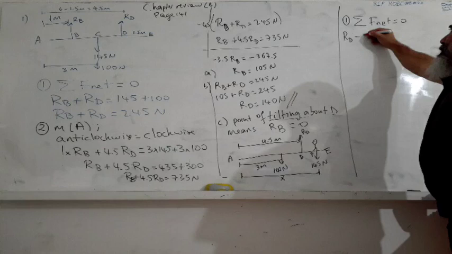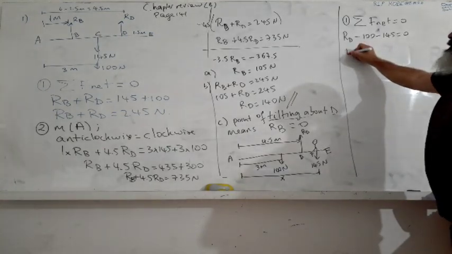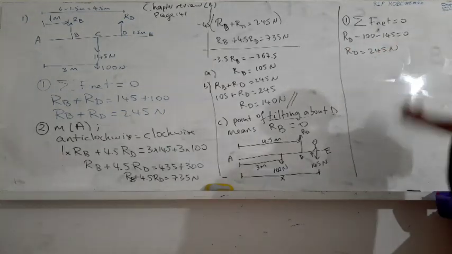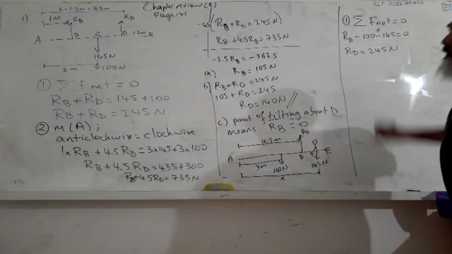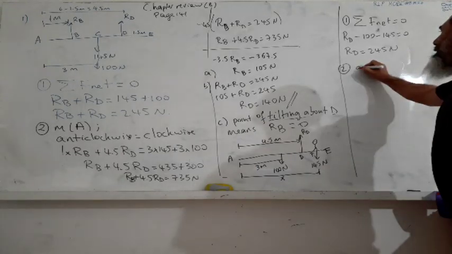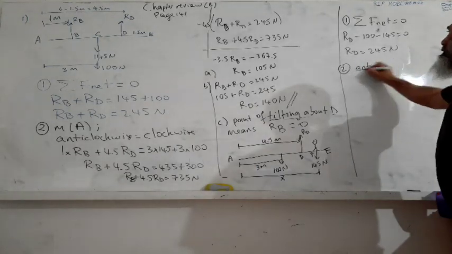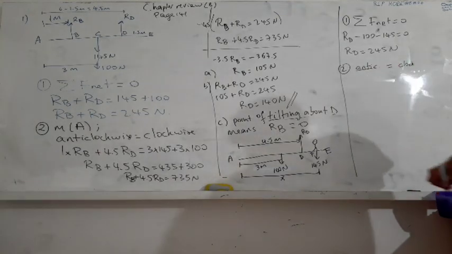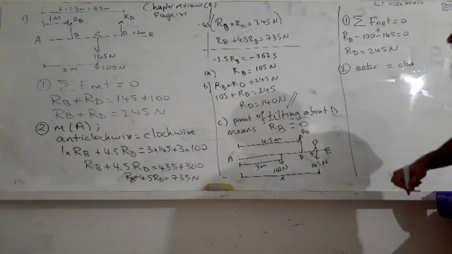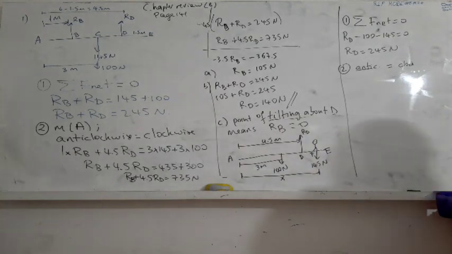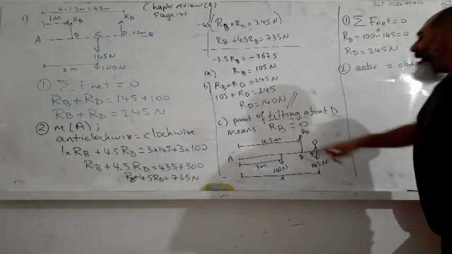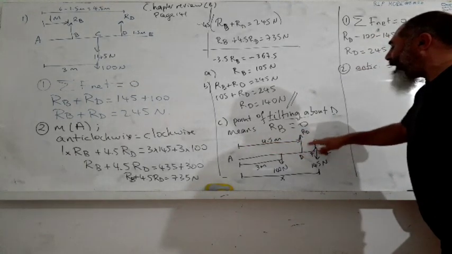So RD is equal to 245 newtons. The second thing is anti-clockwise moments must be equal to clockwise moments. We have one anti-clockwise moment here due to a single force which has a direction upwards, RD, and its distance from A is 4.5.